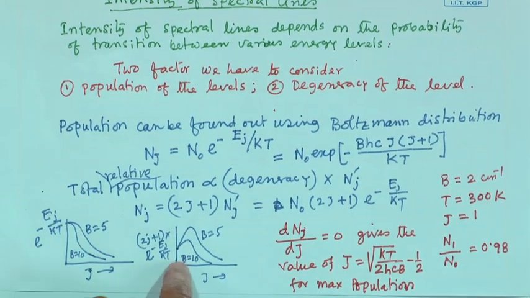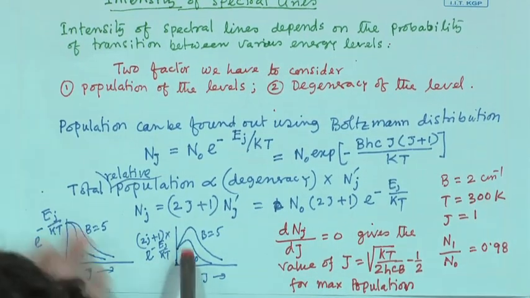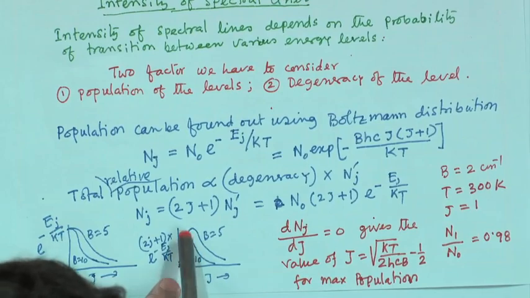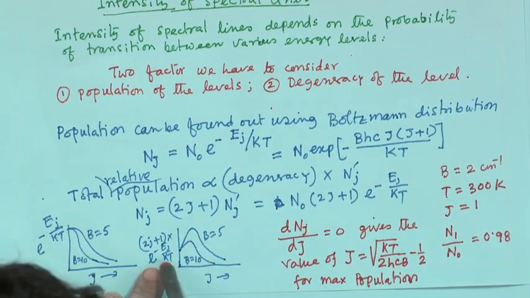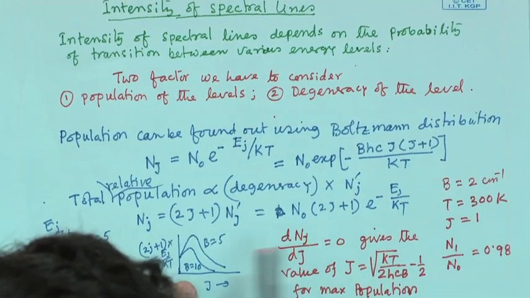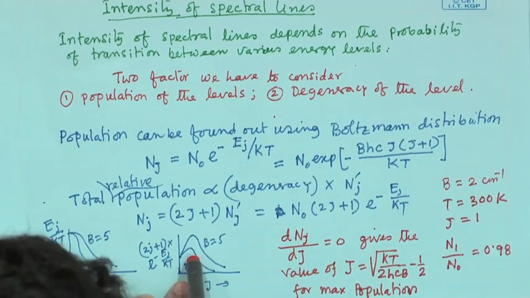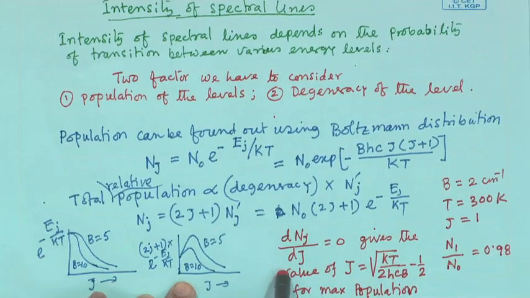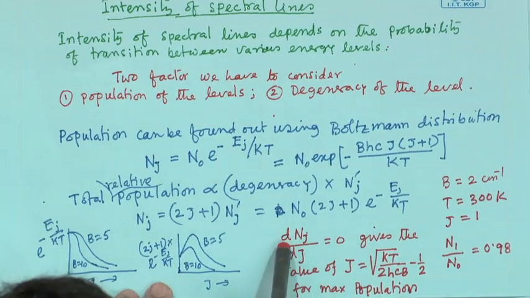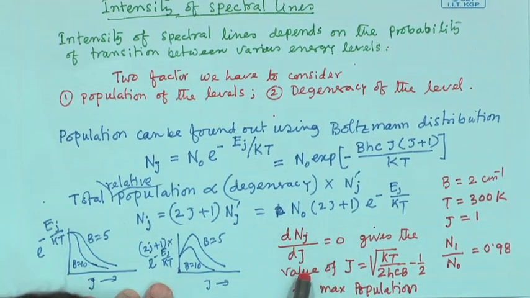It will have a maximum at a particular j value, and that will depend on temperature, of course. At which value one gets the maximum, you can find out by the standard procedure: dNj by dj equal to 0 gives the value of j, the square root of kT by 2hcB minus 1.